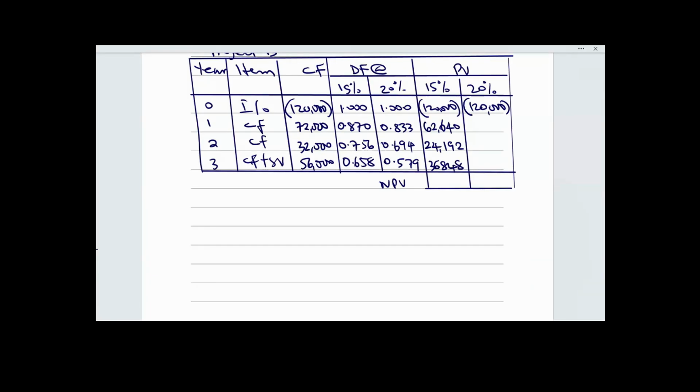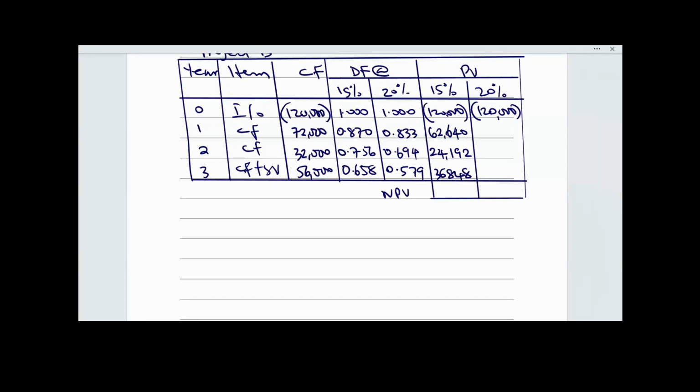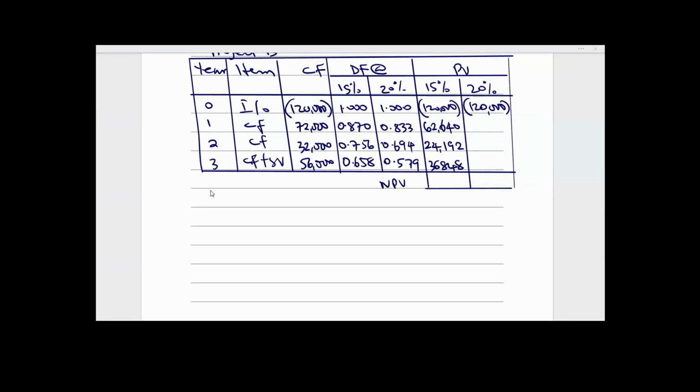Okay, so let's get the NPV. 59,976 minus 120,000... the NPV is 3,680 positive, right?